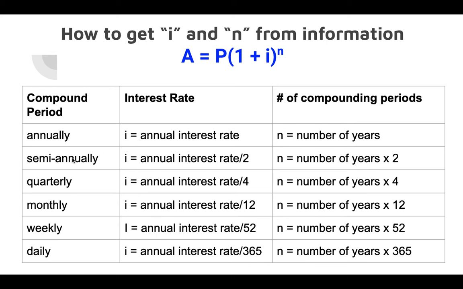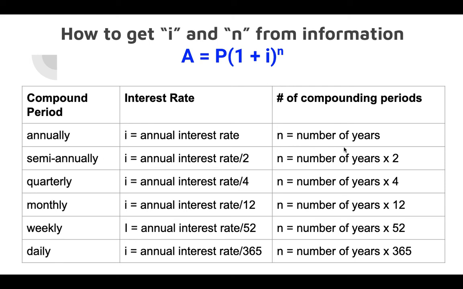If it's semi-annually, now your interest rate is going to be divided by 2, because remember, if it's a 2% interest rate, that's an annual rate. So that's for the whole year. But if it compounds twice a year, you're going to divide that interest rate by 2.